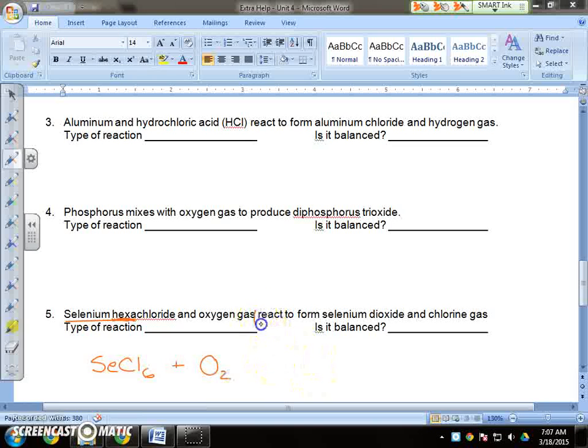They're going to react, nice little arrow, to form selenium dioxide, 2 oxygens, and chlorine gas, Cl2. And remember, we've got a 2 because chlorine is one of our 7 diatomics. So from here, type of reaction: oxygen's lonely, chlorine's lonely, so we're going to end up having a single replacement.